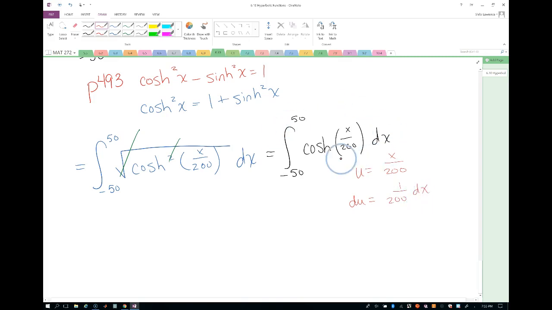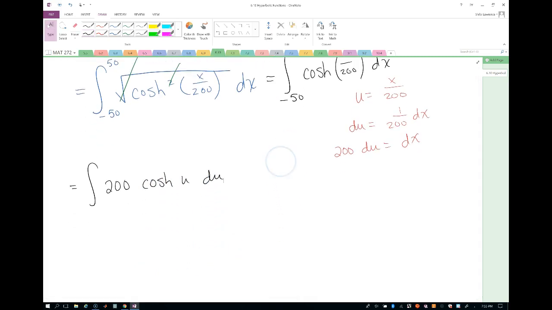But there's no other 200 in this problem to get rid of, so I'm just going to multiply that over, and we get that dx can be replaced with 200 du. And that gives us 200 hyperbolic cosine of u du. So now the 200 is just a coefficient. The antiderivative for hyperbolic cosine is hyperbolic sine.